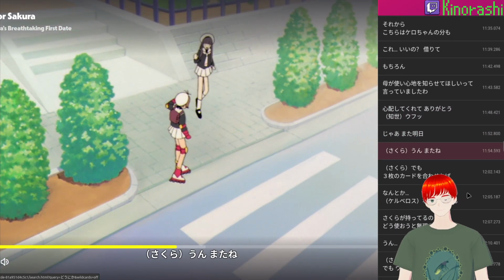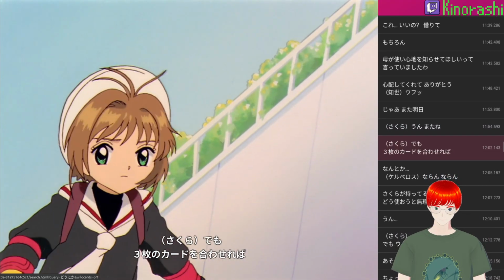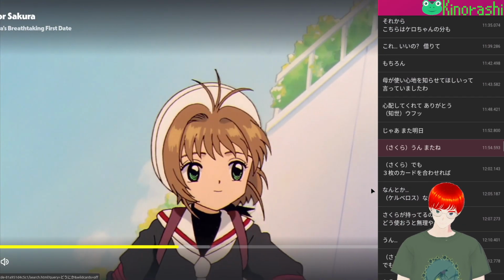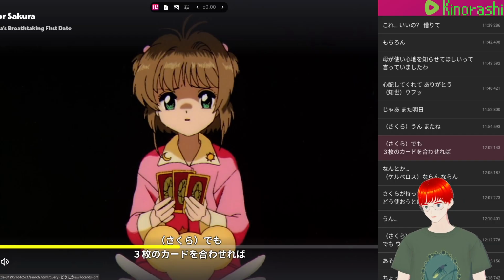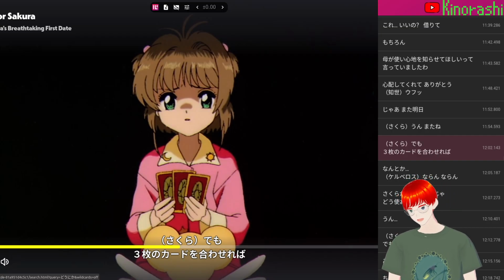でも3枚のカードを合わせれば。Let's see, our statue is able to match. Oh, awasereba.